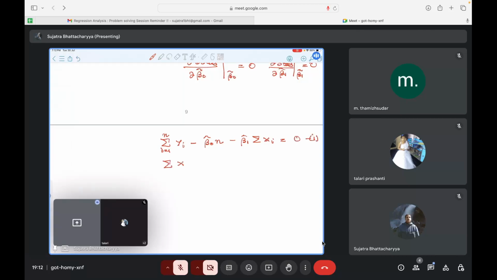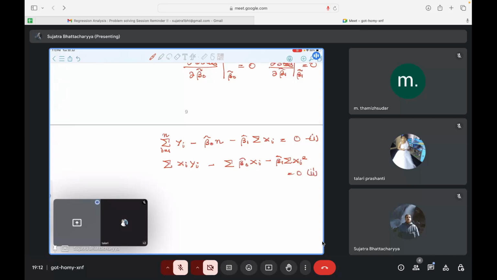Second is summation xi yi minus beta naught cap summation xi minus beta 1 cap summation xi square is equal to 0. This is my second equation.